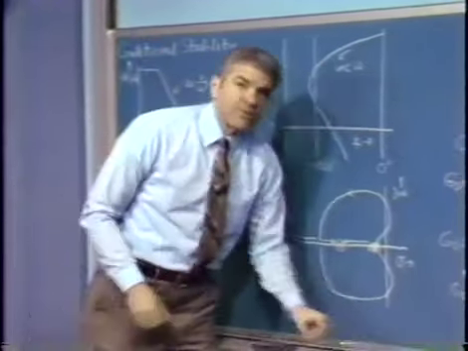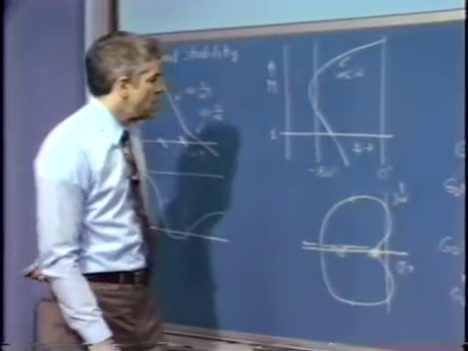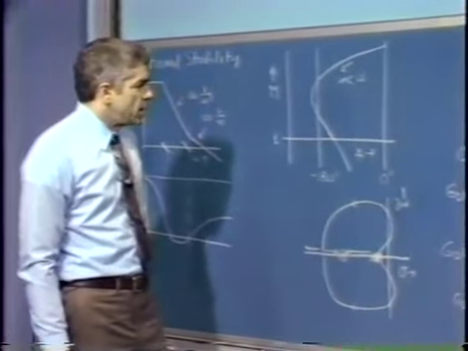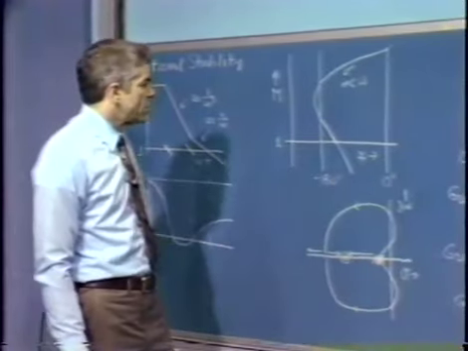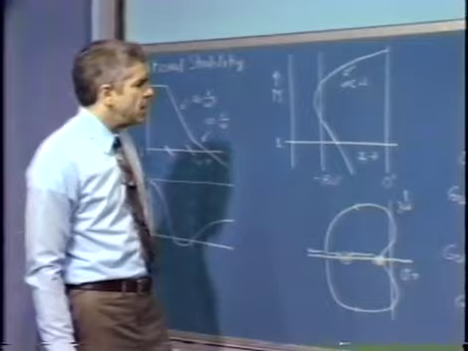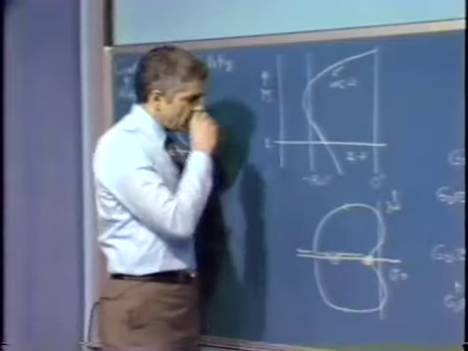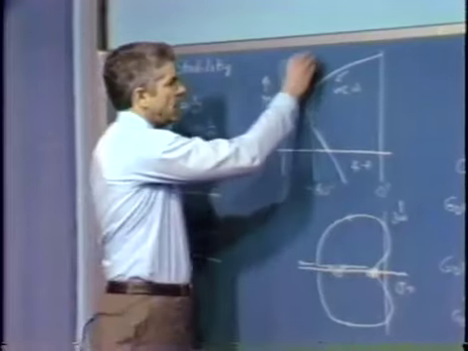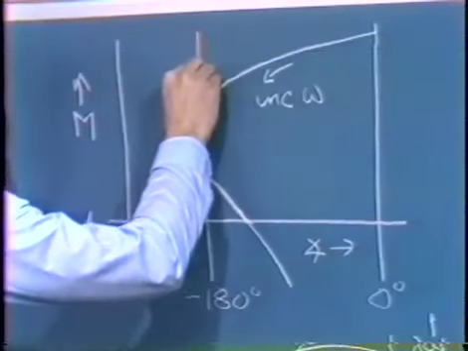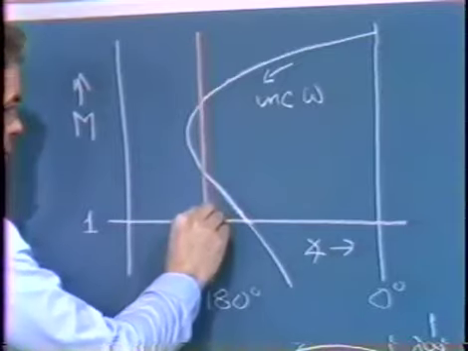If we use a conventional describing function analysis, what we do is plot minus 1 over g sub d of E on the same coordinates. Let's assume that k is 1, in which case minus 1 over g sub d of E would have a form like this.